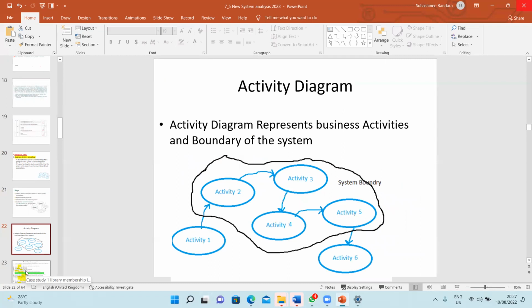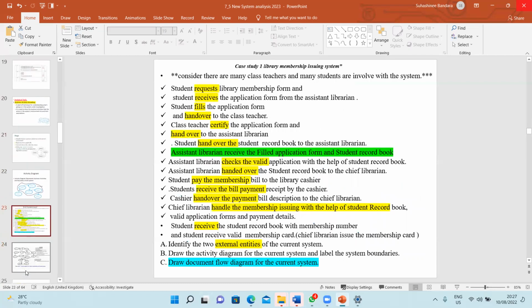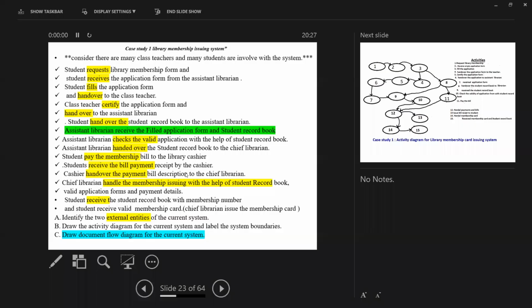Later we'll write the notes. Now I'm going to take an example. In my example, I'm going to discuss the library system. In this case study, actually for the exam, you will get a case study. In the case study, we will mainly check the activities, that means actions.